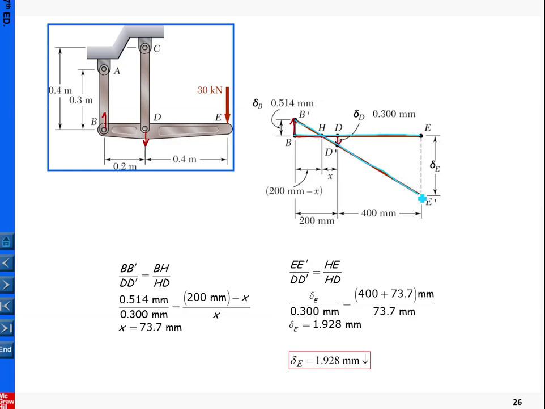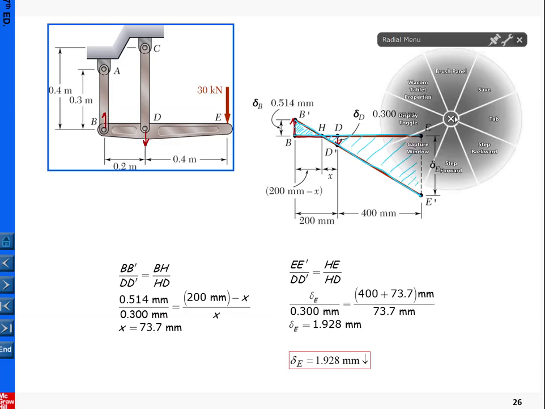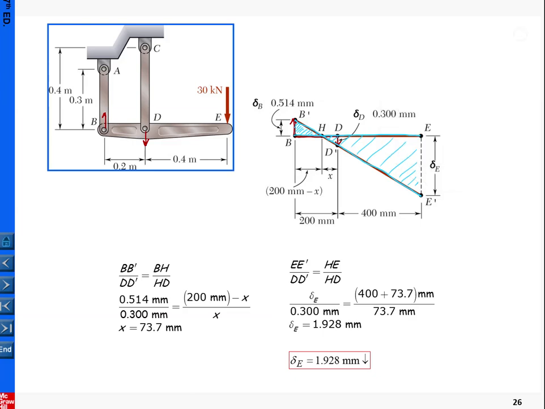That provides us a hint for the compatibility equations. From here you can see the triangle. This triangle is similar to this big triangle. Using this similarity, you should be able to take the proportionality of the sizes to determine delta E. The detailed calculation is shown here, and that is the answer.